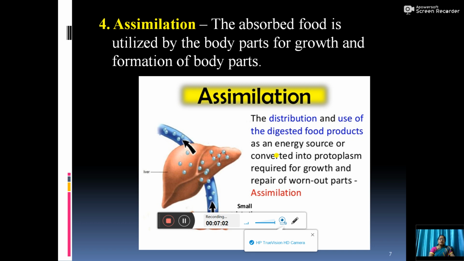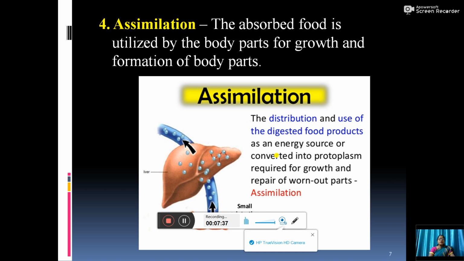I have also shown here a picture of the liver, and the bubble-like structure is also shown to you. So you see what is written here: the distribution and use of the digested food products as an energy source or converted into protoplasm required for the growth and repair of worn out parts, that is assimilation.